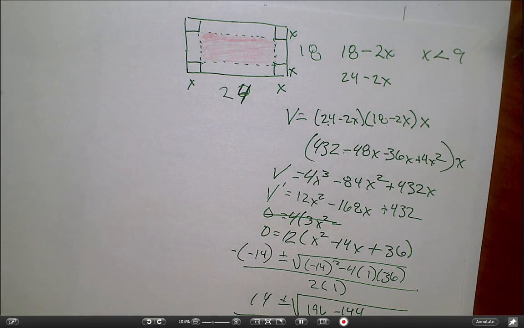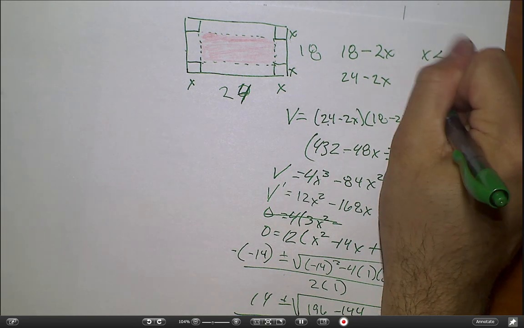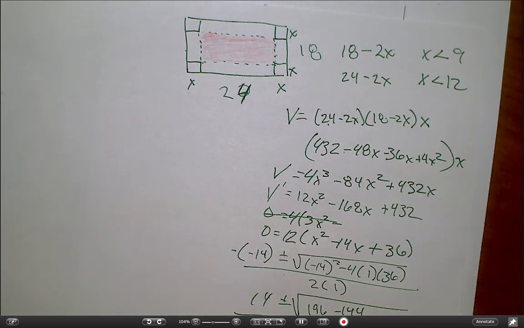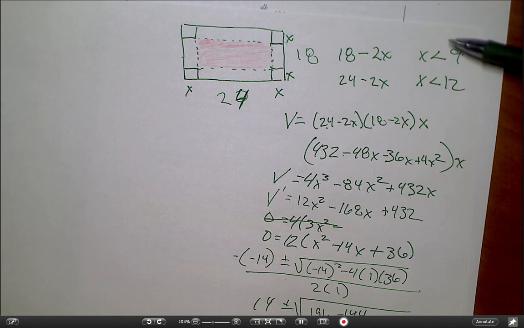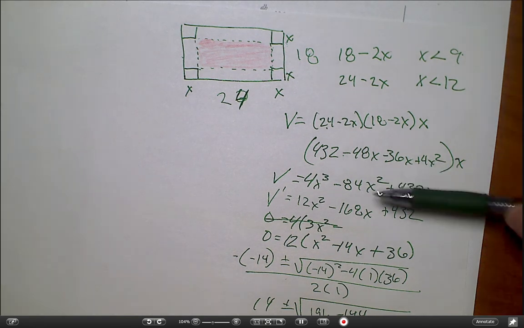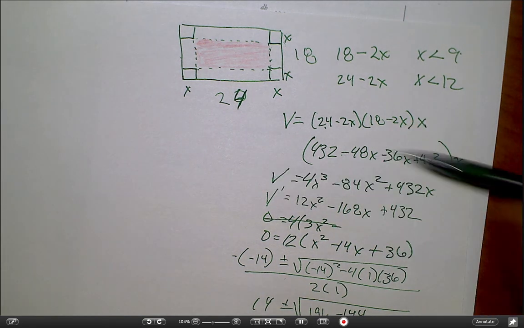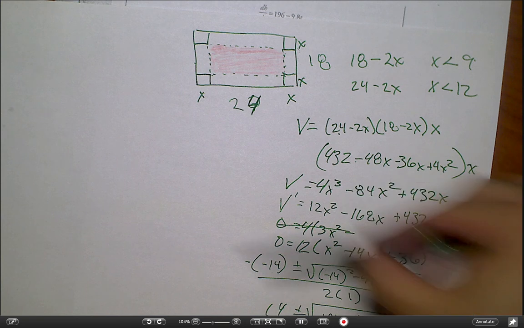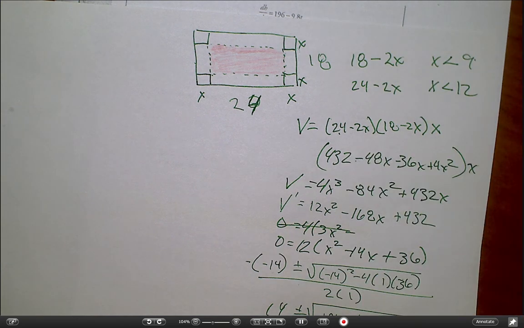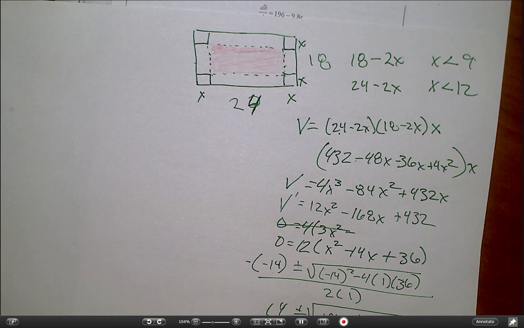So in all practicality, I've gotten rid of one of those possible answers. We made the function, the math is what it is, and we just have to understand what we're talking about. It's kind of like the number of people on a plane. Are you going to have anything but integers?